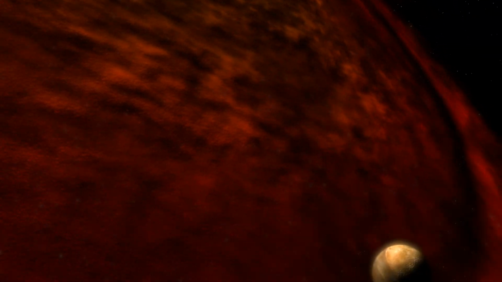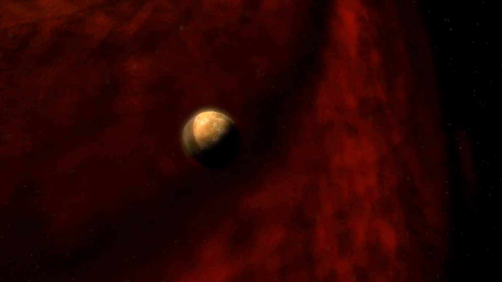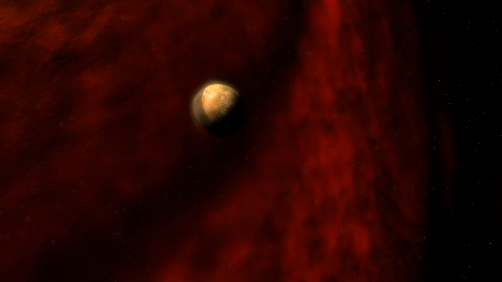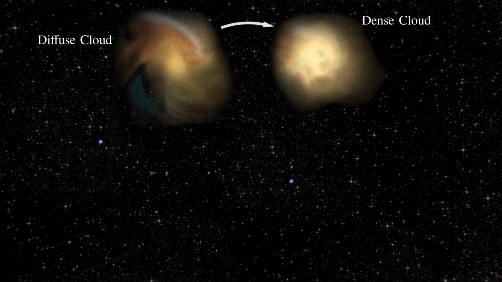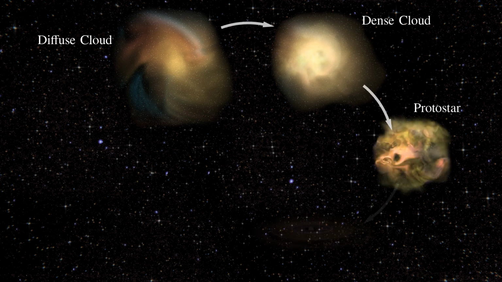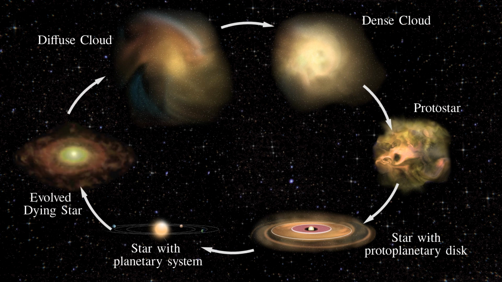This disk will host the matter that remains after the star formation, the matter that, if the conditions are propitious, will finally form planets. This is a recycling story where every actor has an important role, and our main protagonist is the dust grain.